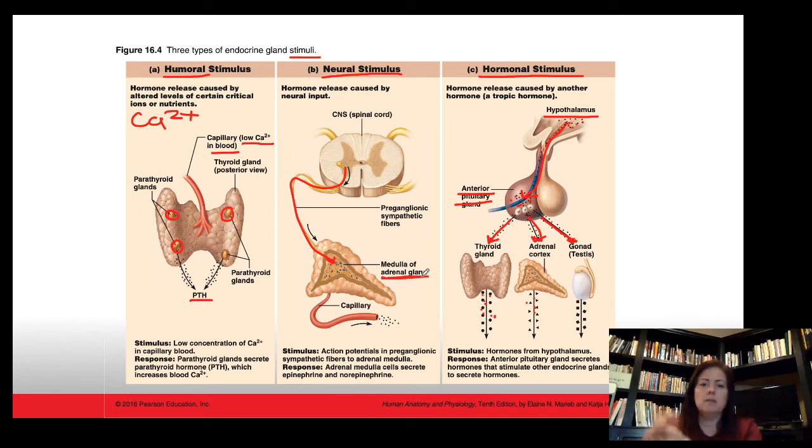They sit on top of the kidneys, and the middle part of them, the interior, is the adrenal medulla, and it has a connection to the brain, and those nerves will stimulate the adrenal medulla to release its hormones. And so that's an example of neural stimuli.